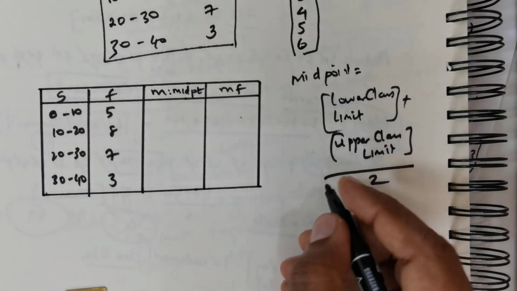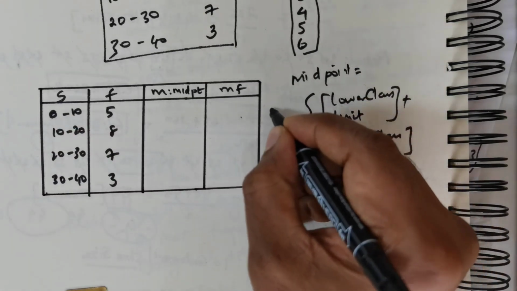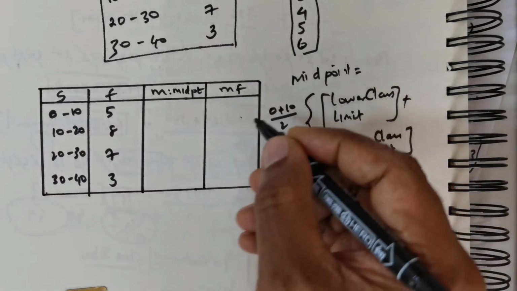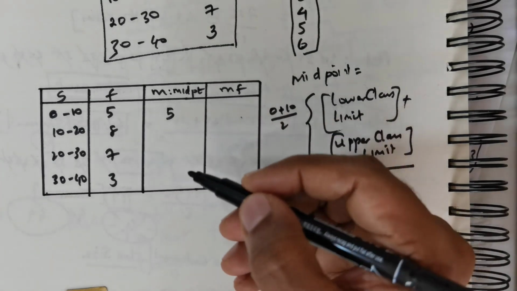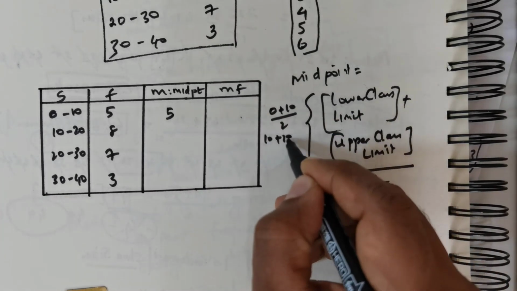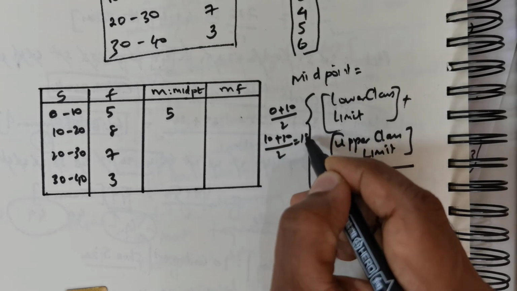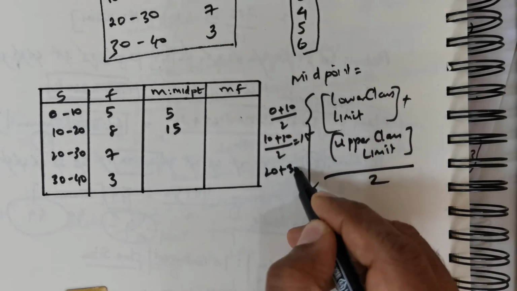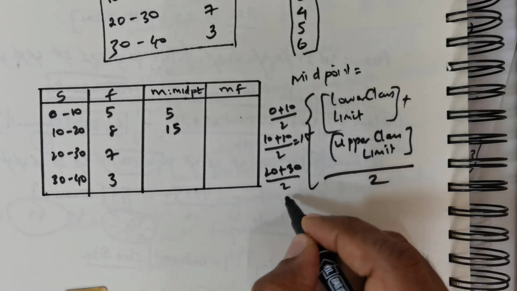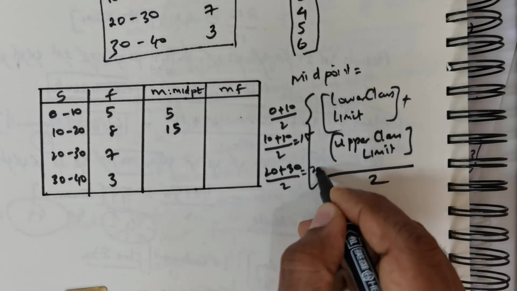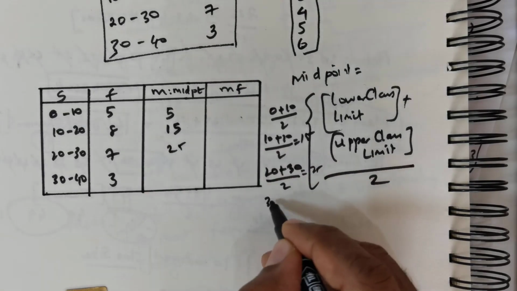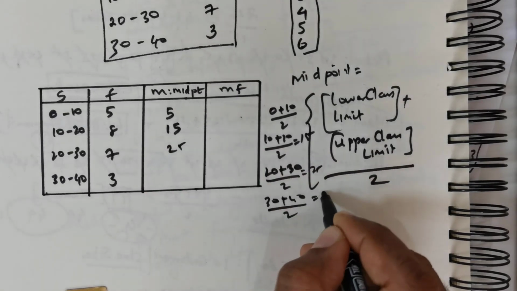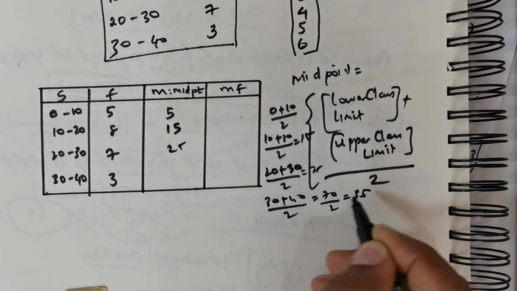So in this case, 0 added with 10 divided by 2, that is going to be 5. That's the midpoint. Now 10 added with 20 divided by 2, that's going to be 15. Now 20 added with 30, divided by 2, that's going to be 25 is the midpoint. So 30 added with 40 divided by 2, that's going to be 35 is the midpoint.